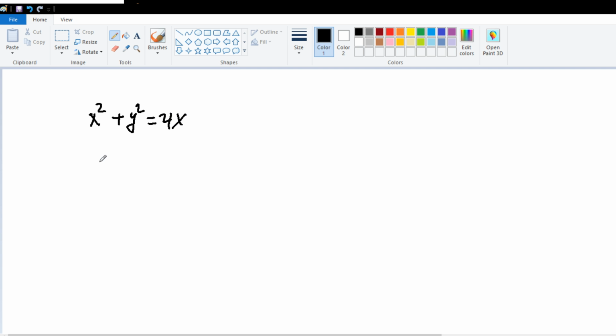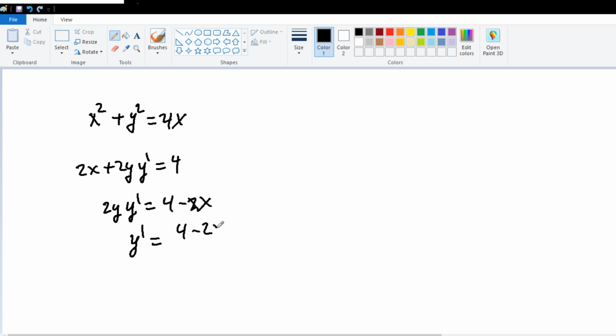So when we take our derivative, we get 2x plus 2y y prime equals 4. So we get 2y y prime equals 4 minus 2x. We get y prime equals 4 minus 2x over 2y.